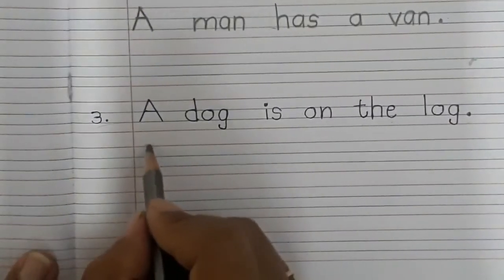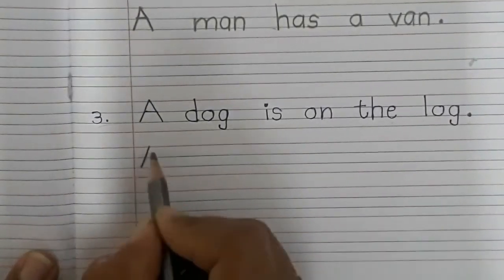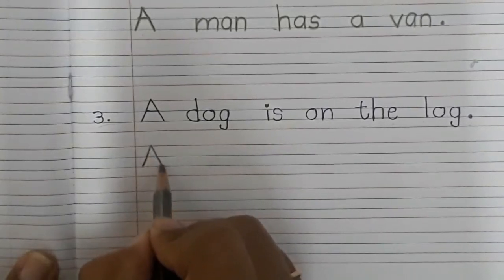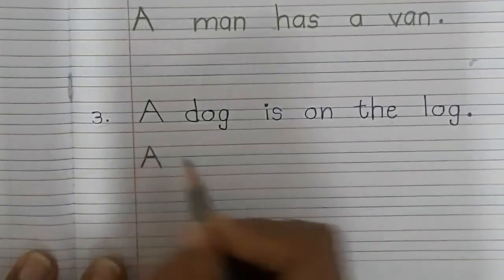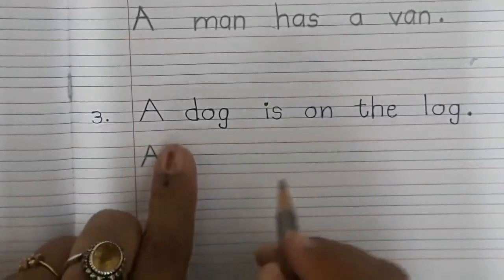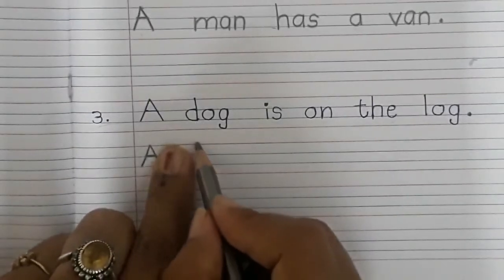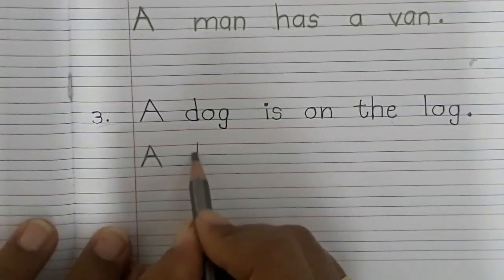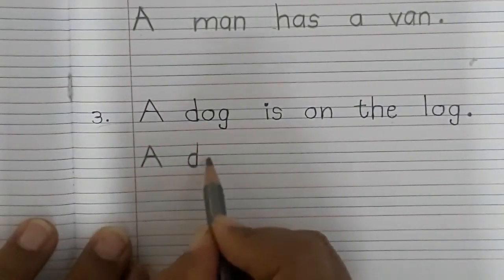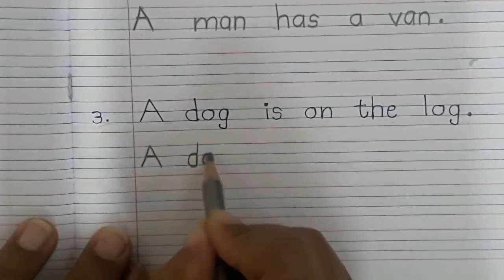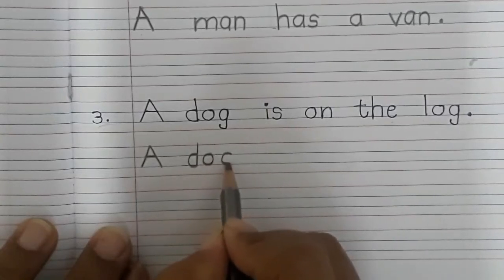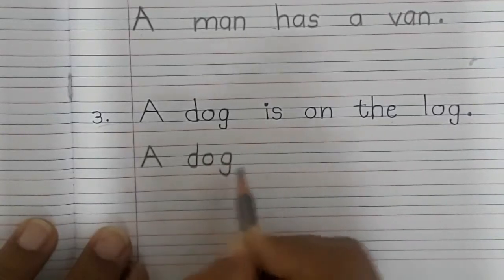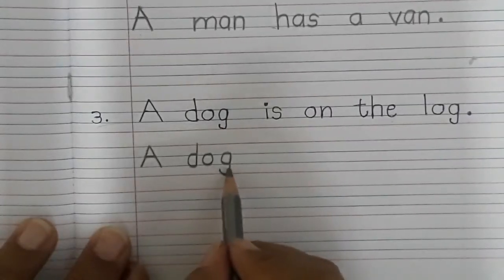Now we will copy it. First we will write capital A. Then leave one finger space. Then D, O, G, dog.